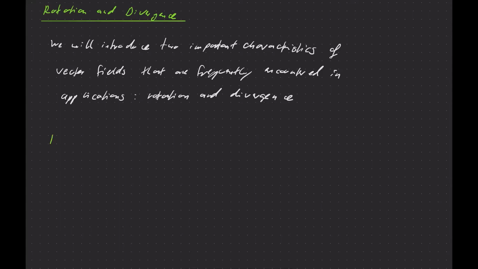So let's start with the definition of rotation. We will need a vector field, of course, so let V be a vector field, and we'll define that on R3. You could also take a domain that's part of R3. That vector field needs to be differentiable.